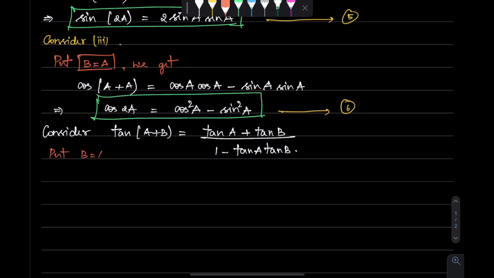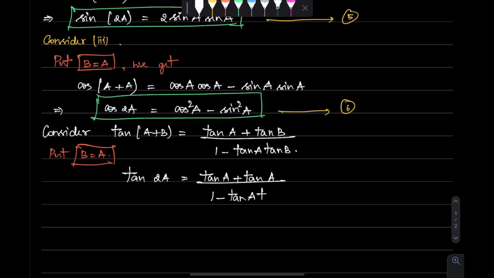I get tan 2a becomes tan a plus tan a divided by 1 minus tan a tan a.